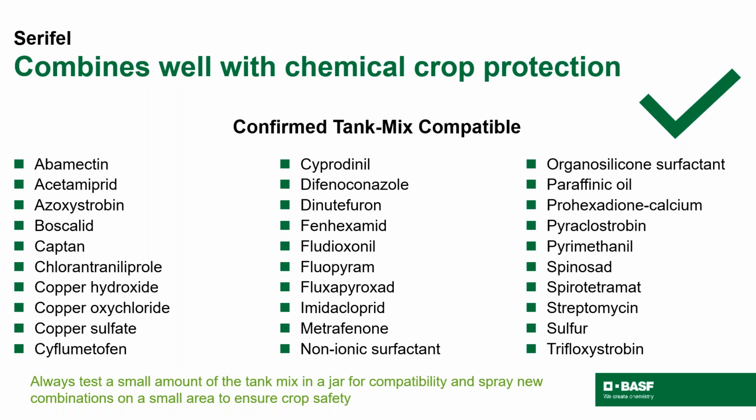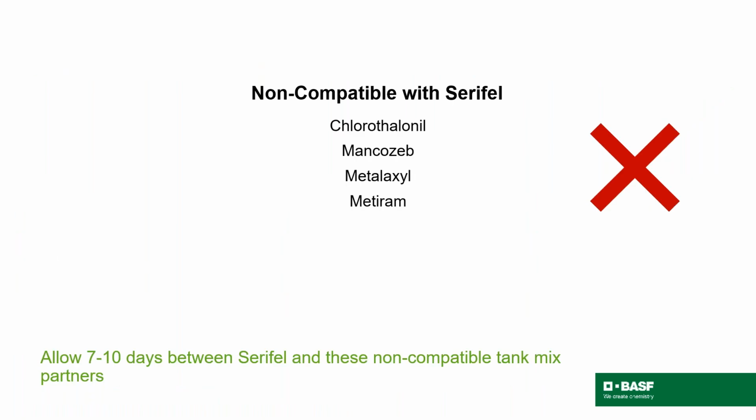Serifel still worked really well, and there were no mixing issues when spraying either. So there's lots of products on here. They're all fungicides, insecticides. We have some copper, sulfurs, any surfactants, adjuvants, no issues tank mixing. Which brings us to the next slide.